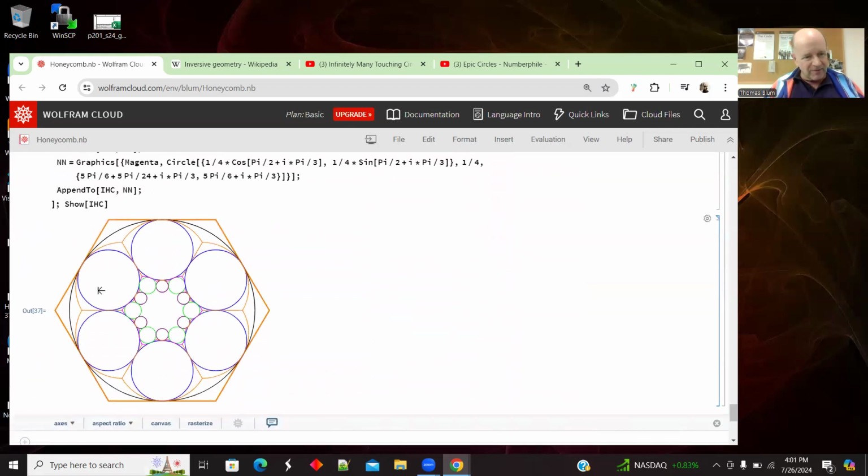So here I have in my nearest neighbors, in my blue, what used to be on the outside was a hexagon, but now is a bunch of arcs touching it, and they're also touching the circles that they need to touch.